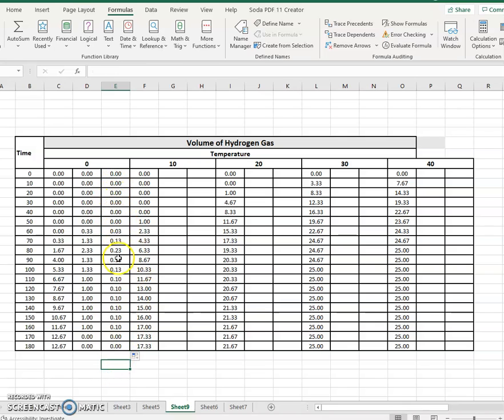And there they are. These are our rates of reactions per every 10-second interval. What that means is that is how many mils of hydrogen gas is produced per second.